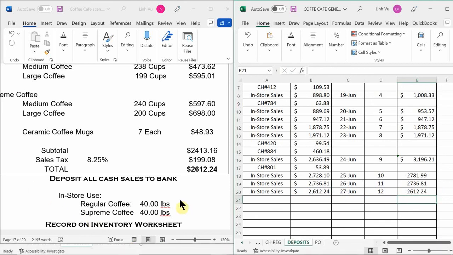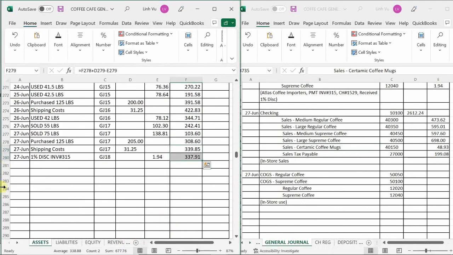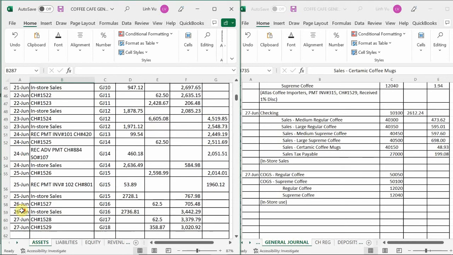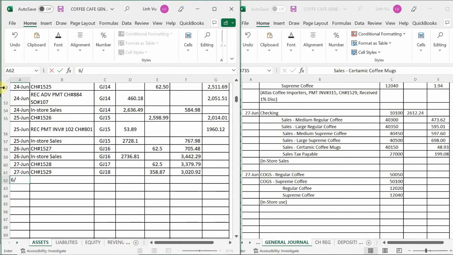And then we go to general ledgers, and we start in assets, checking, in-store sales, page 18 for a total of 2612.24.